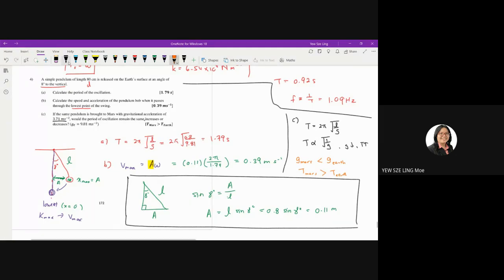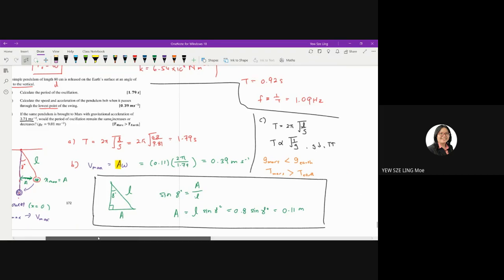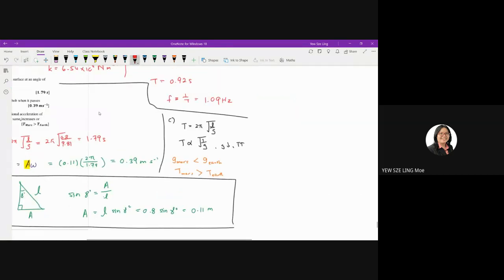Now in the exam, can you calculate the period by using 3.71 before you make an assumption? If the question didn't say explain qualitatively, then yes, you can. But if the question mentions the term explain qualitatively, it means no values; you can only explain by using equations.